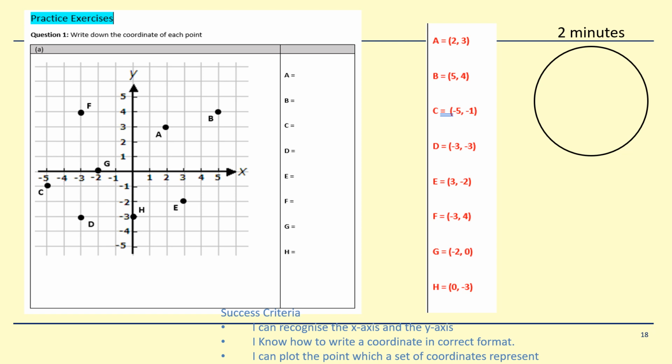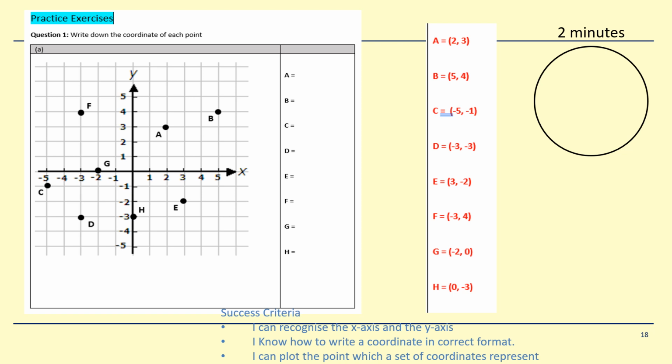E, 3, -2. So 3 across and 2 down. F says here -3, 4. Yep, F 3 back and 4 up. G, -2, 0. H, 0, -3.